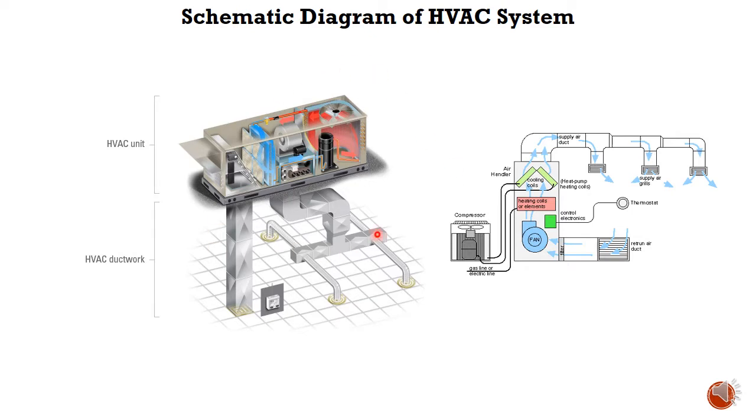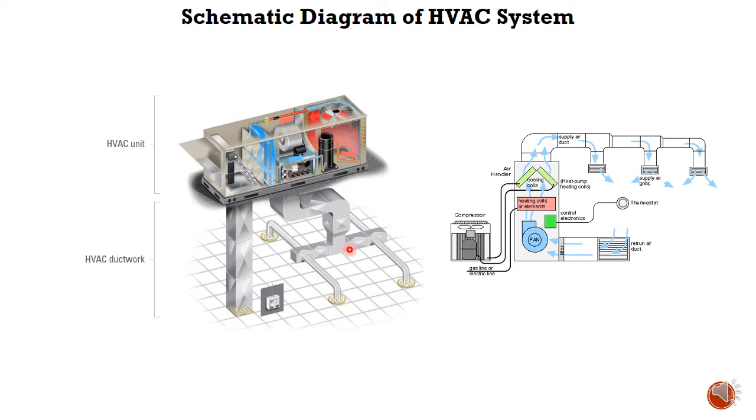This is basically the schematic diagram of an HVAC system. So in an HVAC unit, there are several components, and for example for a vapor compression system, we have compressor, condenser, expansion valve, evaporator, and so on, and of course including the ductwork.